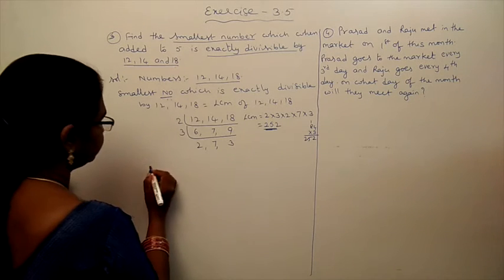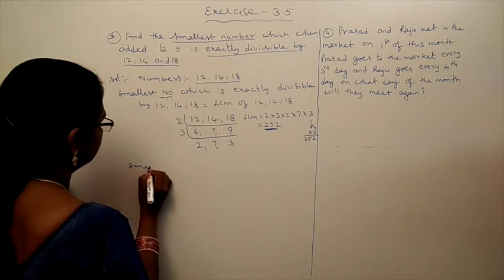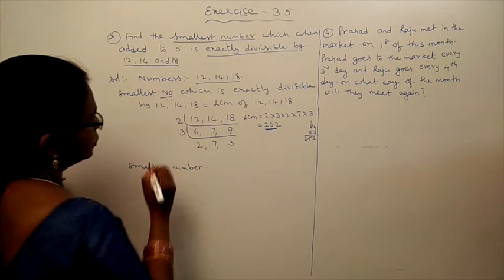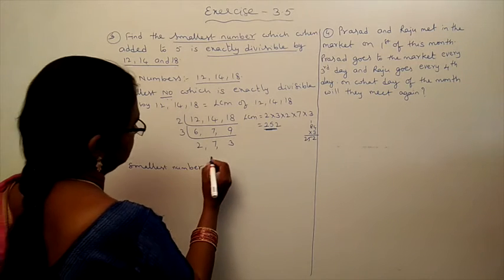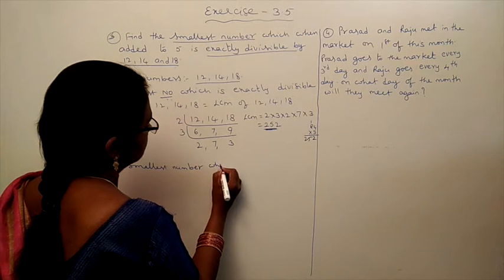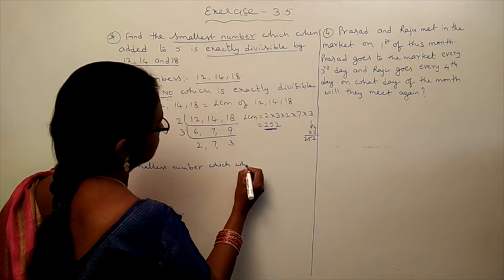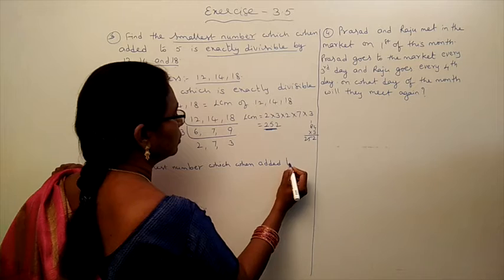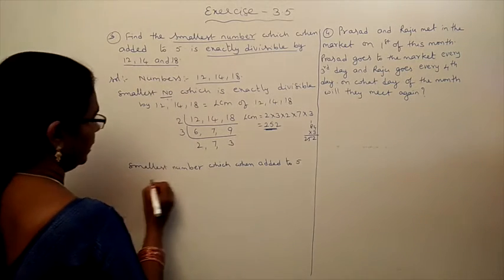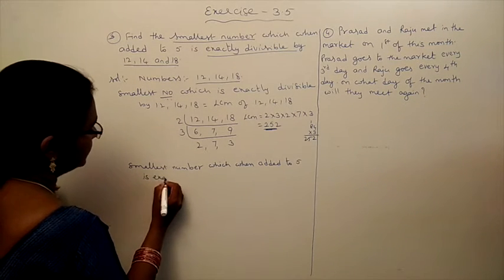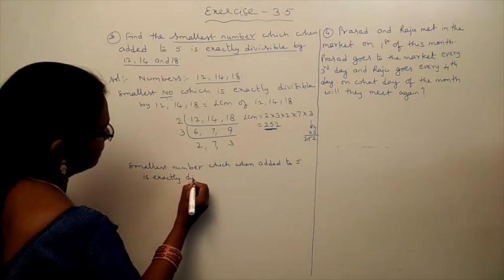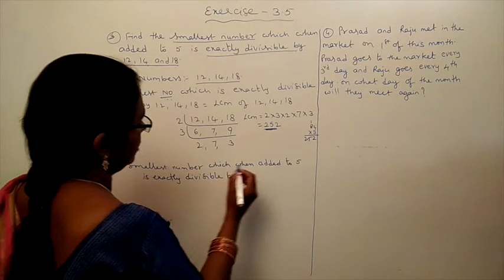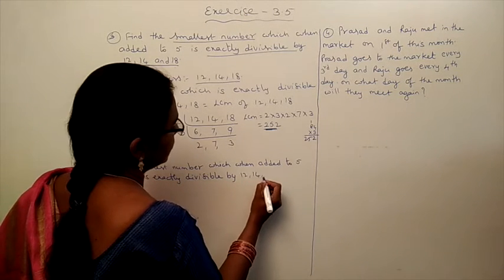Means the smallest number which when added to 5 is exactly divisible by 12, 14, 18.